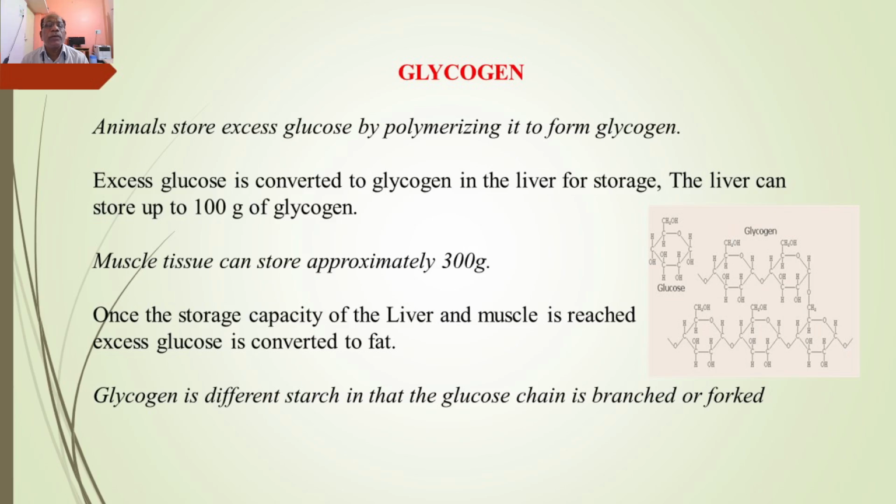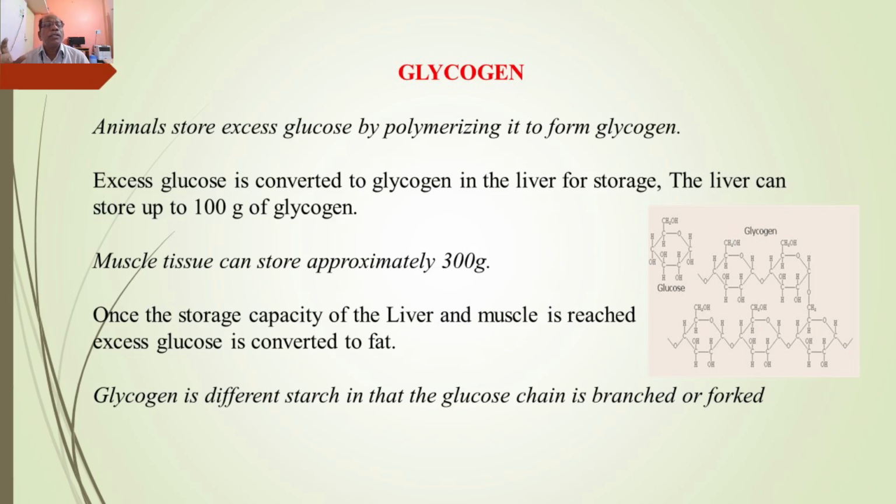Excess glucose is converted to glycogen in the liver for storage. So the site of glycogen synthesis and storage in the animal is the liver. Excess glucose from the blood is converted to glycogen in the liver, where it is stored as an energy source.